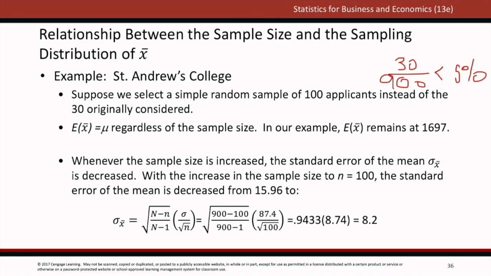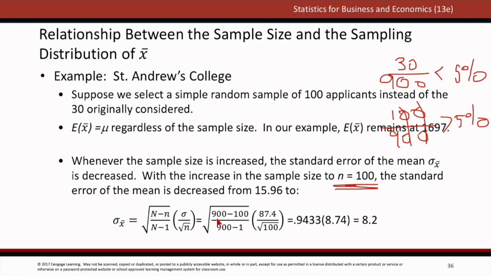But when we increase the sample size to 100, then 100 divided by 900 is larger than 5%. So what that means is that we need to use the finite population correction factor.